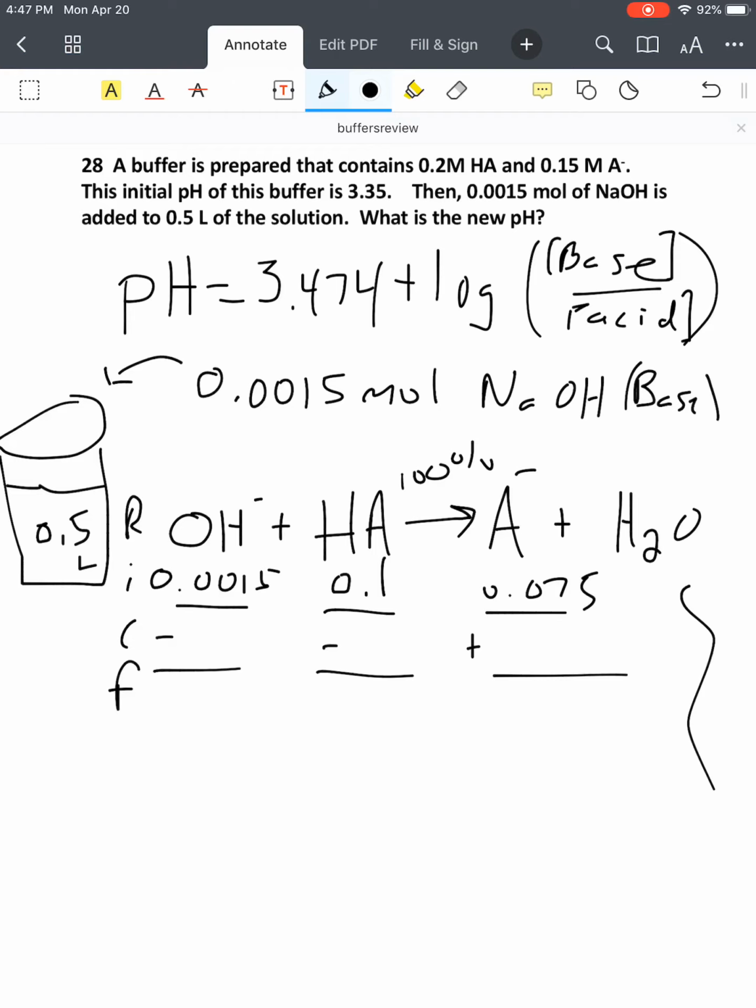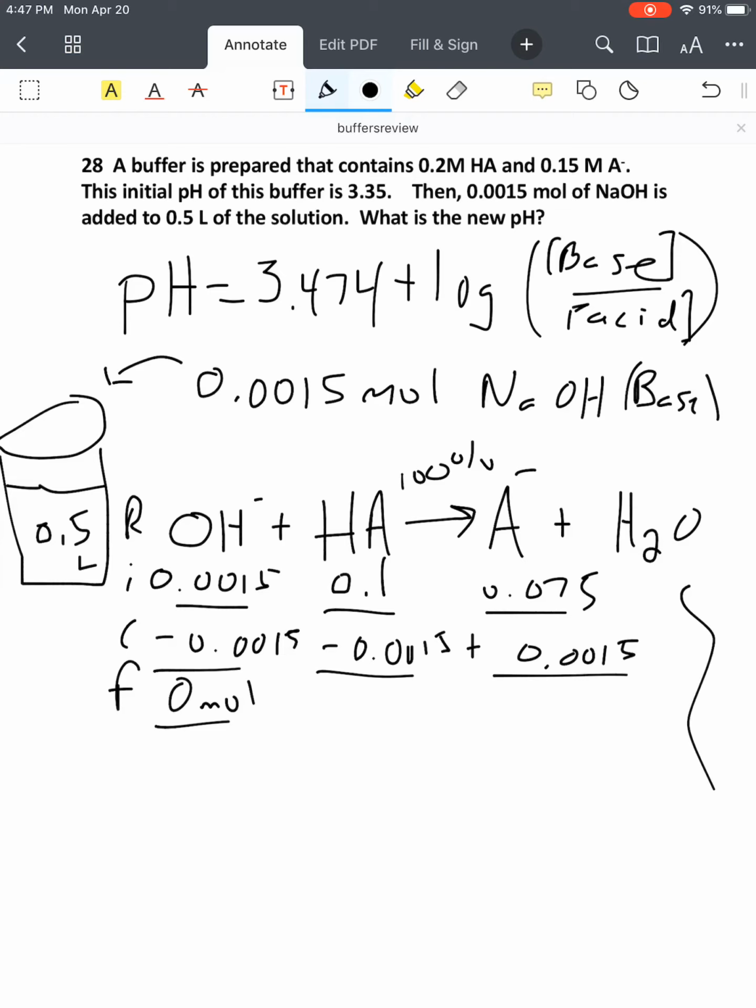We said since we can make the assumption of going 100% to the right, it becomes a limiting reagent problem. And since it's a one-to-one stoichiometry, it's clear to see that we're going to run out of the OH first. I can only use up 0.0015 moles of that, and once I do, it's all gone. But in the process, I also consume 0.0015 moles of my HA, and I make 0.0015 moles of my A minus form.